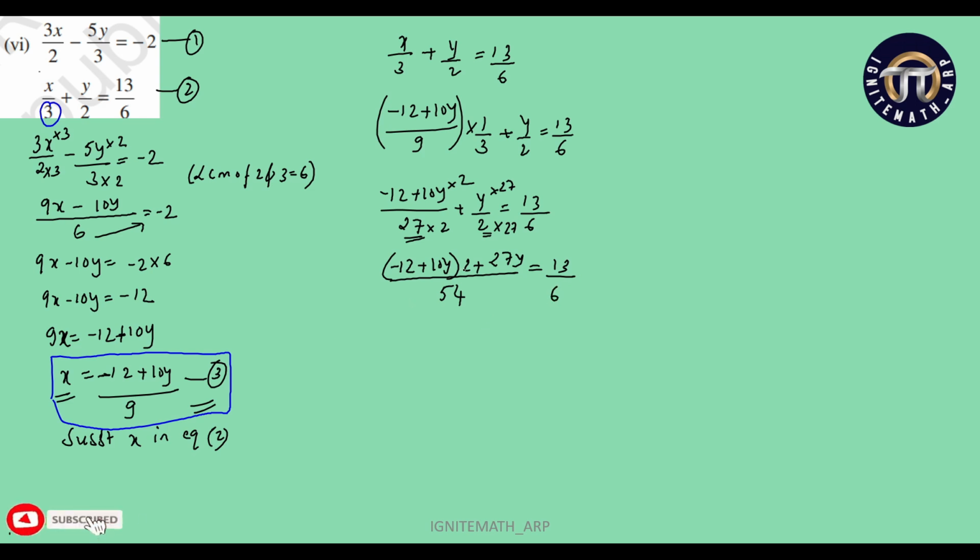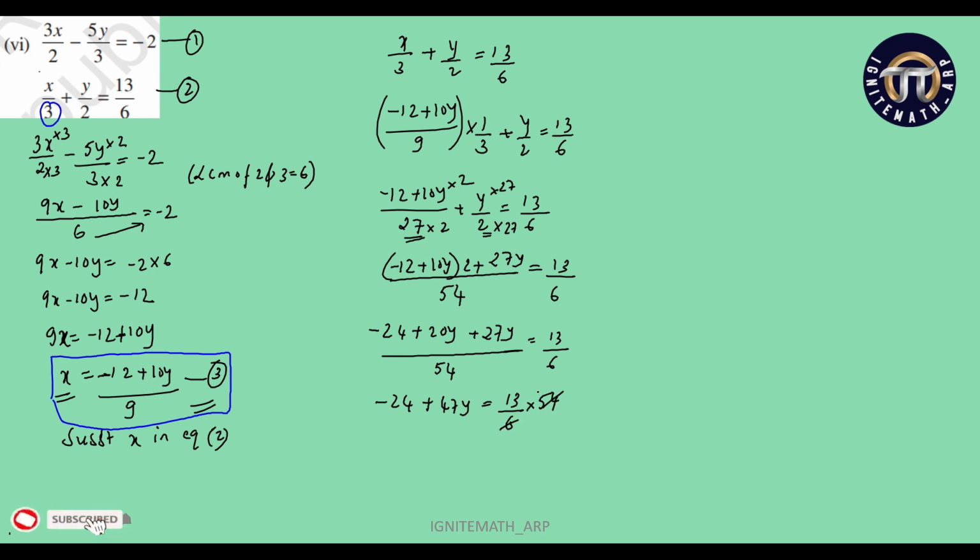Now what I get over here, 2 into minus 12 is minus 24 plus 20y plus 27y divided by 54 is equal to 13 by 6. So minus 24 plus, what I get over here, 20 and 27, 47y is equal to 13 by 6 into 54 I get.